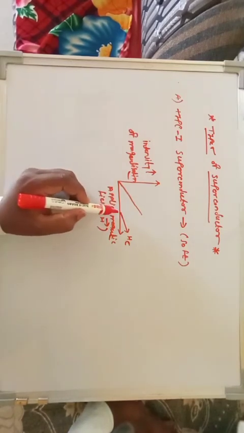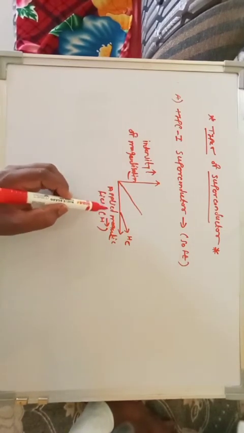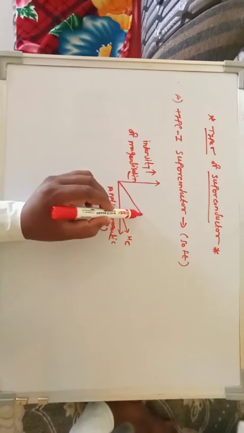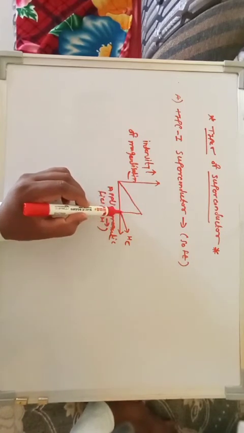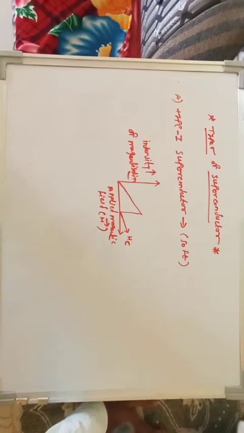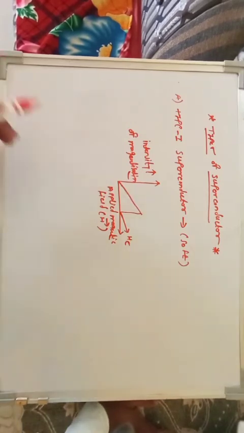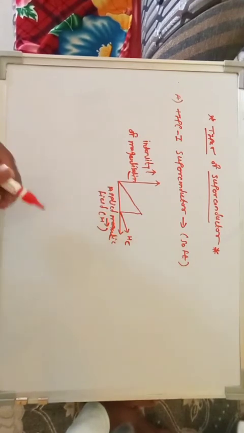When the applied magnetic field, the value of H vector, goes up to this HC, the critical magnetic field value, then the superconducting state of the material is converted into the normal state, that is, the material becomes a normal conductor. So this is the graph for type first superconductor.